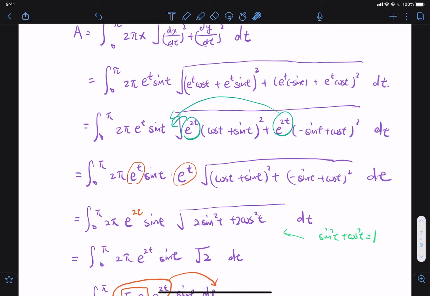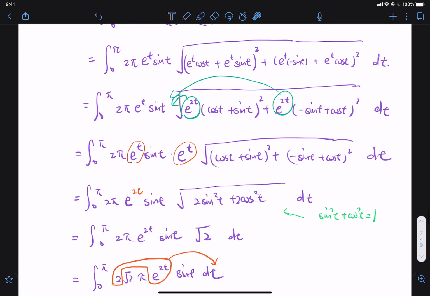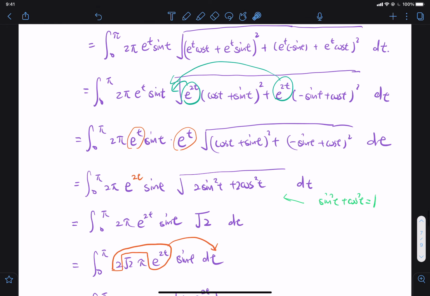So the middle terms cancel, and we are only left with twice sine square and twice cos square. And because cos square plus sine square is equal to 1, this thing turns into just 2, right? Underneath the square root.